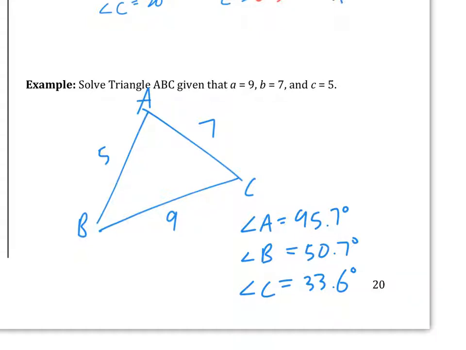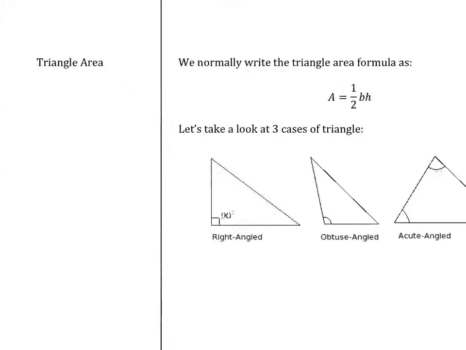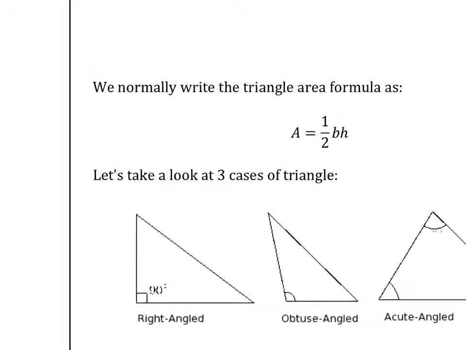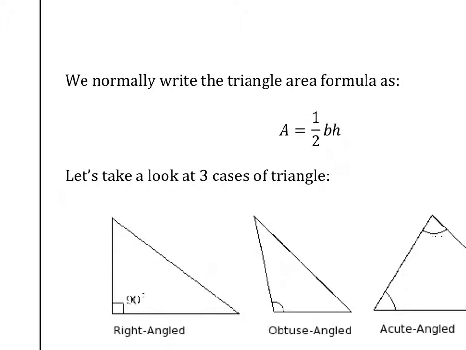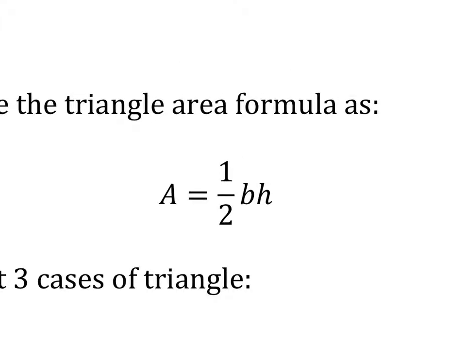All right, we're going to skip the next practice because it's just the same thing again. And then let's go to a triangle area question. Normally the triangle area formula is 1/2 base times height. You all know this already. Now, what's the relationship between the base and the height?